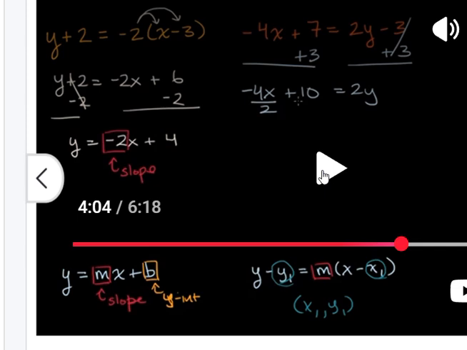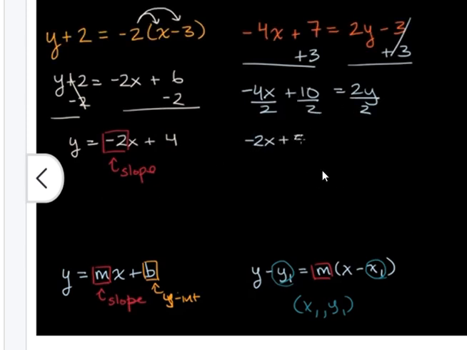If you want to balance an equation, as long as you do the same thing on the left side, you can do the same thing on the right side. Right? 1 equals 1. 4 equals 4. Dividing by 2, we get negative 2x plus 5 is equal to y.